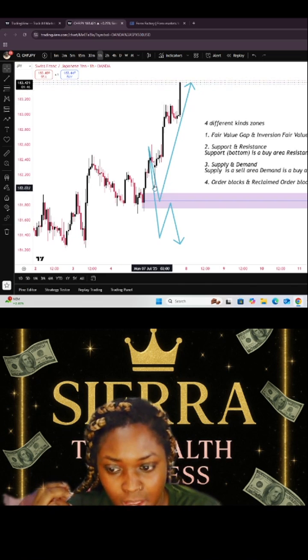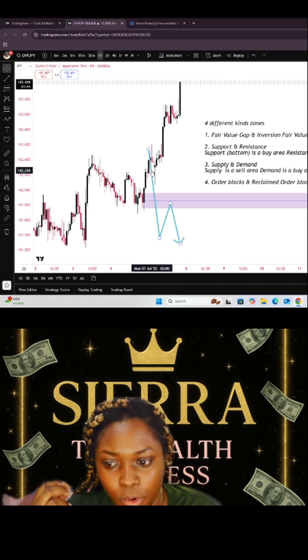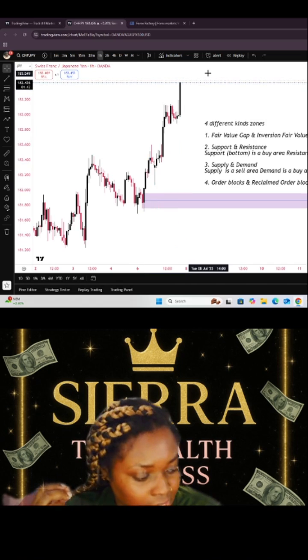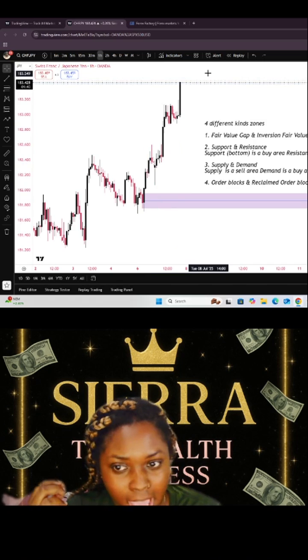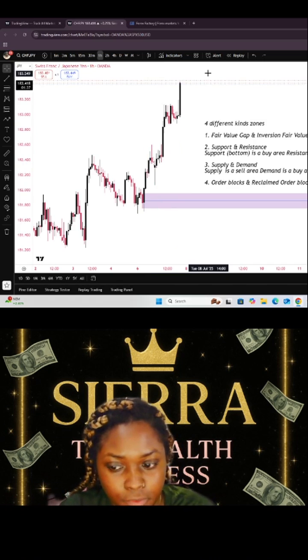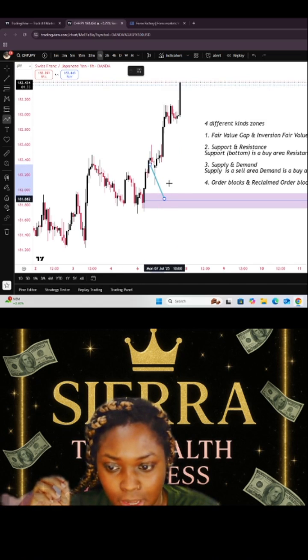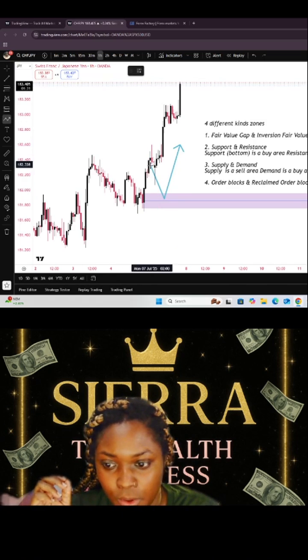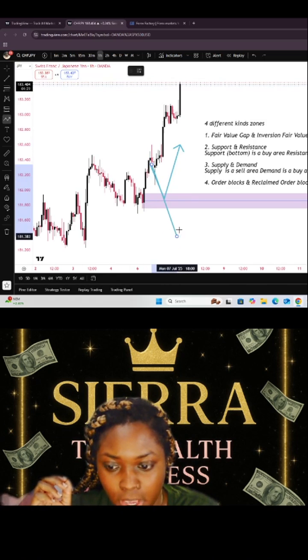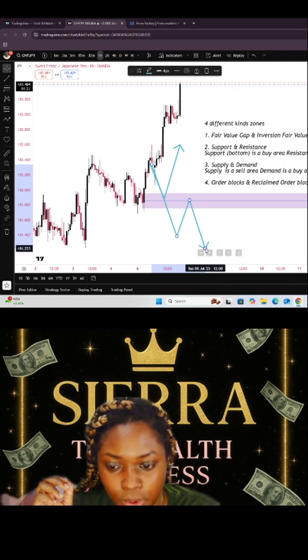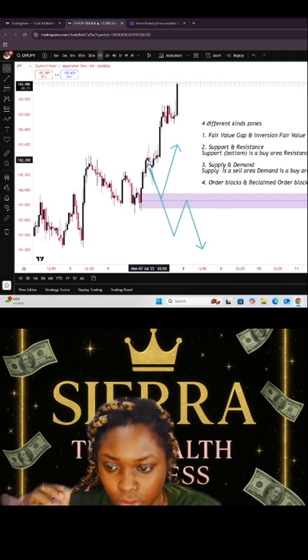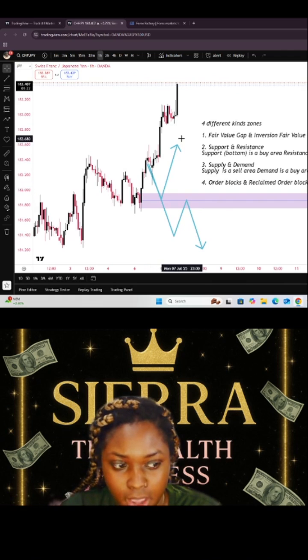Okay? Now, a reclaimed order block is the opposite, like an inversion fair value gap, right? With that fair value gap, remember you look for price to come to it and trade away. And then with the inversion, you look for price to trade through it, retest it, trade away. Same thing with an order block. You look for price to come to it, trade away.